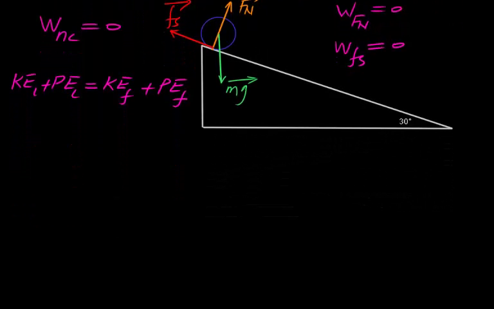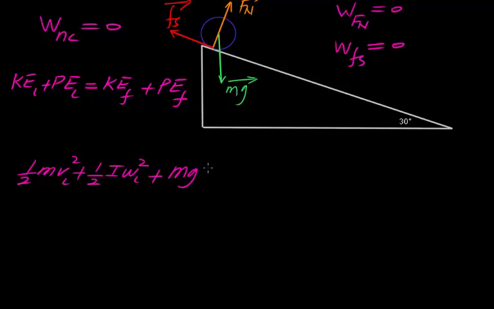Notice that the kinetic energy comes in two different forms. The translational kinetic energy 1/2 mv initial squared plus 1/2 I omega initial squared. The potential energy comes in one form only, which is the gravitational potential mgh initial.